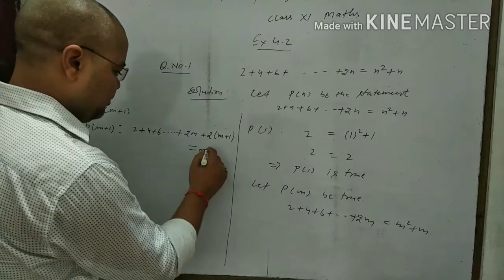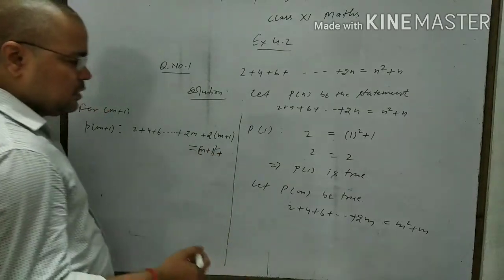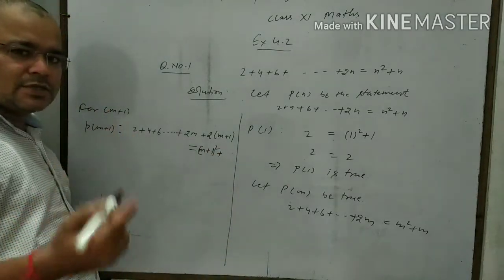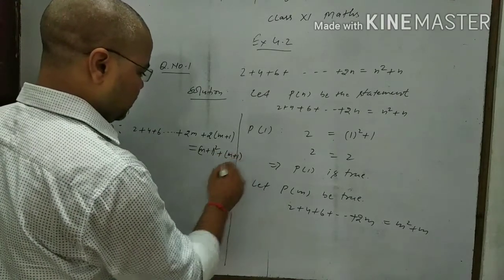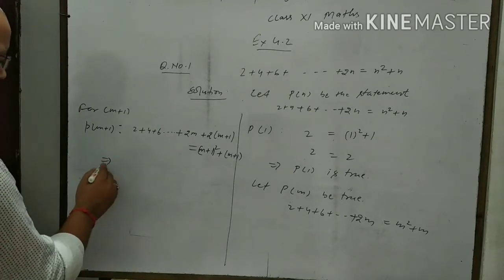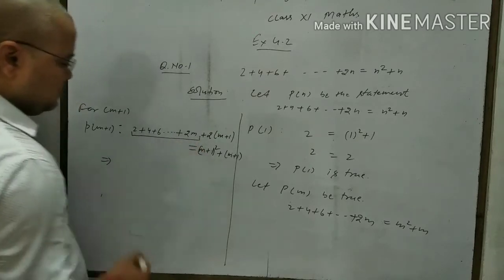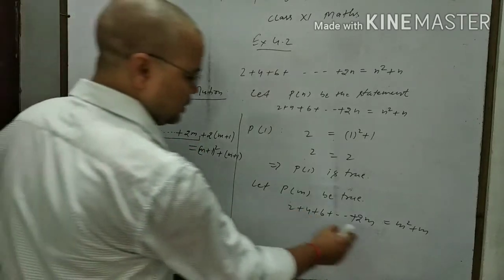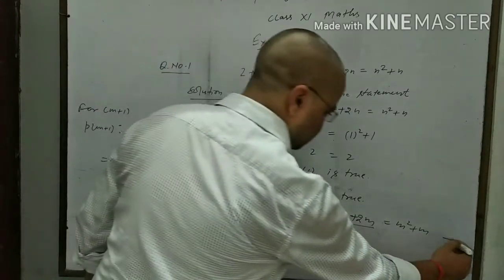Then it will be m plus 1 whole square plus m plus 1, again at the place of m we write m plus 1. Okay, so this implies that here we know that up to 2m, this is for this. Let this be equation first.